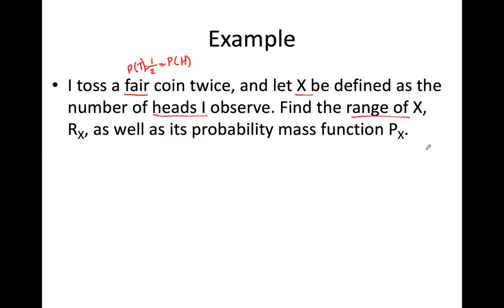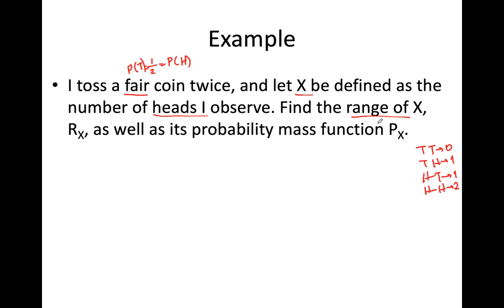Let me give you the possible outcomes: tails tails, tails heads, heads tails, and heads heads. So these are the possible outcomes. How many heads do I have here? 0. How many heads? 1. How many heads? 1, and 2.